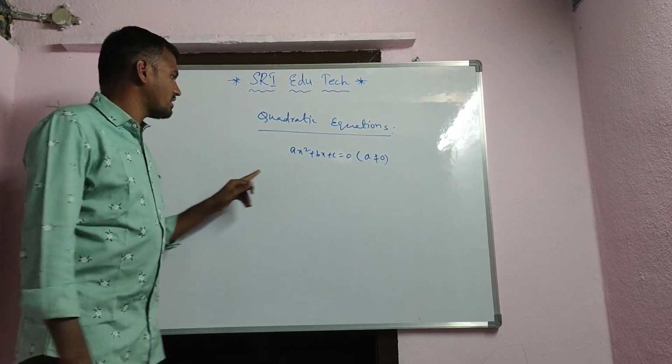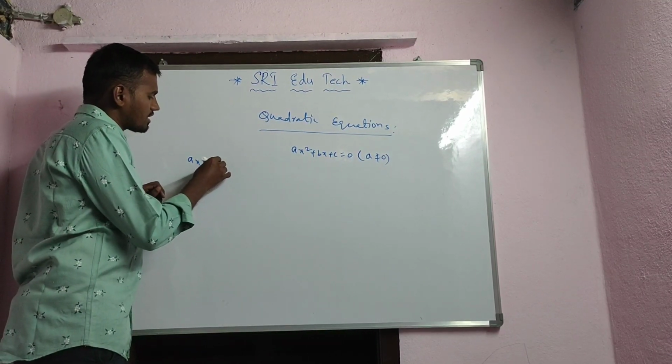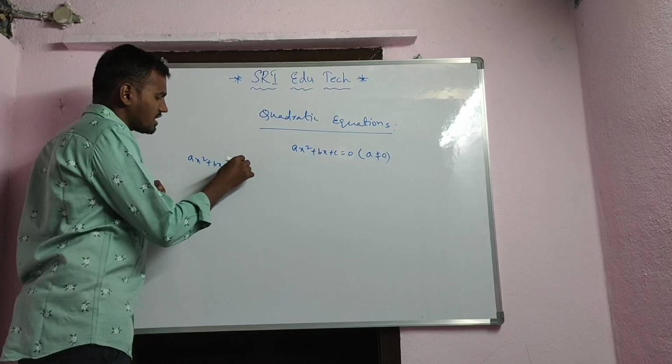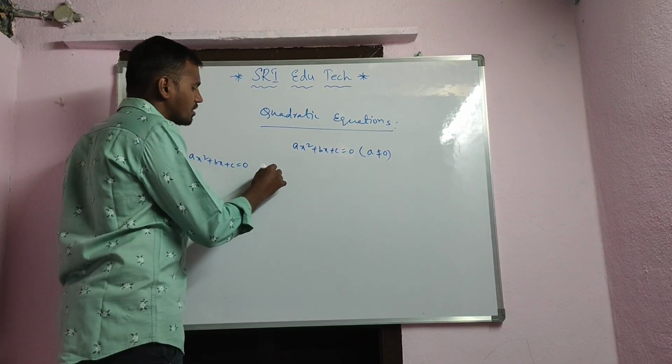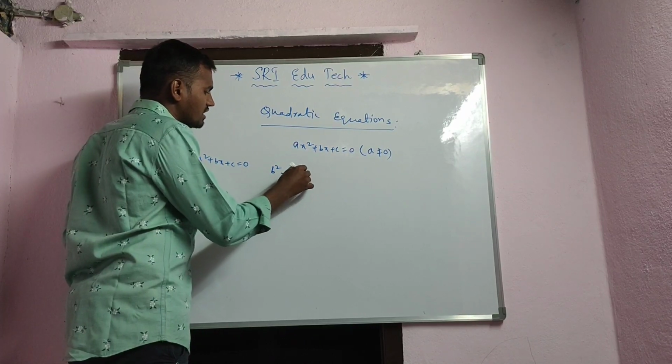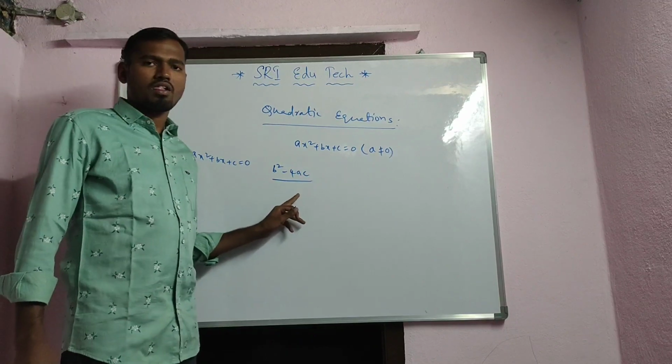So ax² + bx + c = 0 is a quadratic equation. Then b² − 4ac is called the discriminant of the quadratic equation.